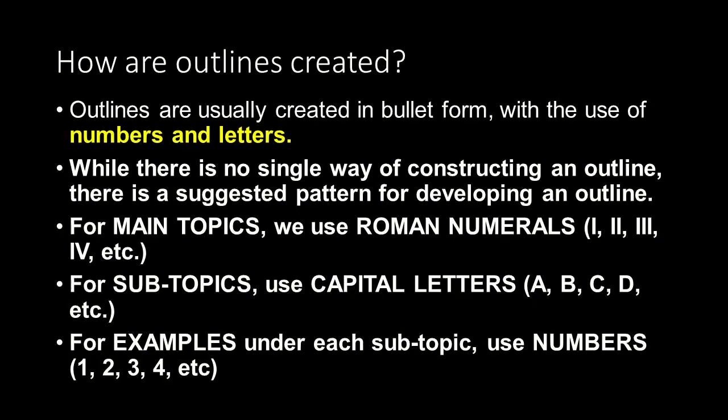So for main topics, we usually use Roman numerals. I believe we know what Roman numerals are. I, II, III, IV, etc. When we talk about subtopics, we use capital letters, A, B, C, D. And for examples under each of the subtopics, we use numbers 1, 2, 3, and 4.